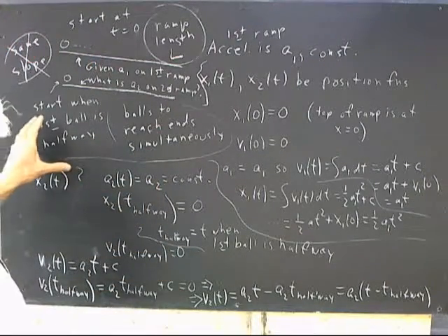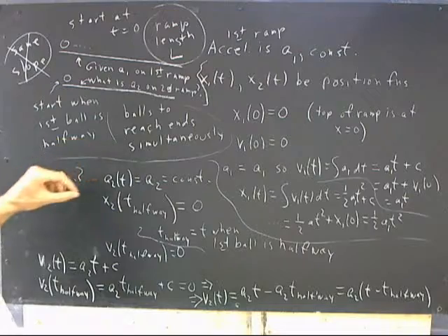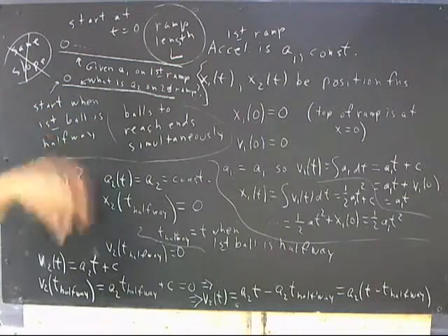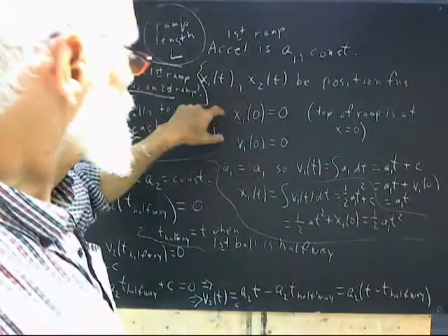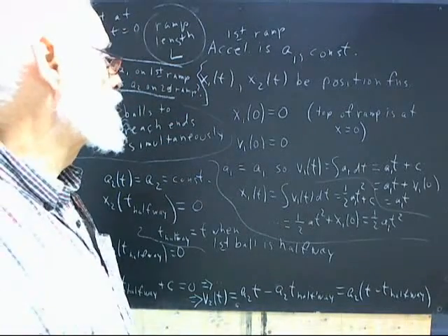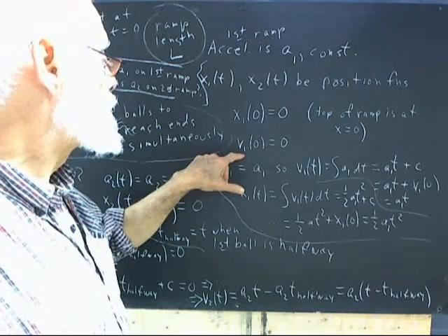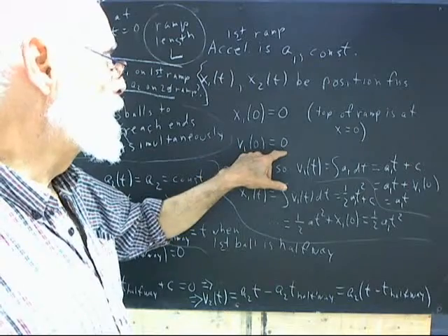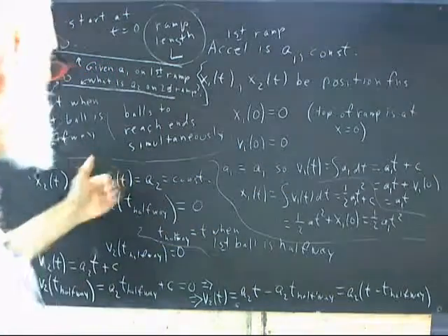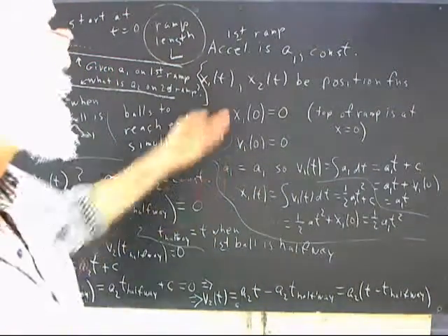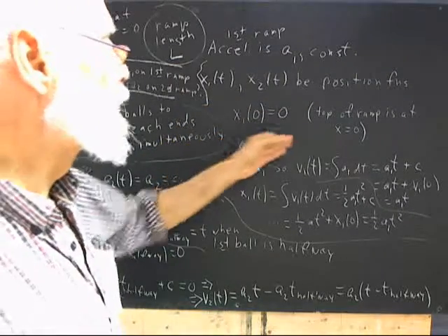That's kind of implicit. I don't think I ever said released from rest, but I say they start. From the context of the lab, that should be clear. So we know that v1 at t equals 0 is 0. So we release the first ball at t equals 0 from position x equals 0 with velocity 0.